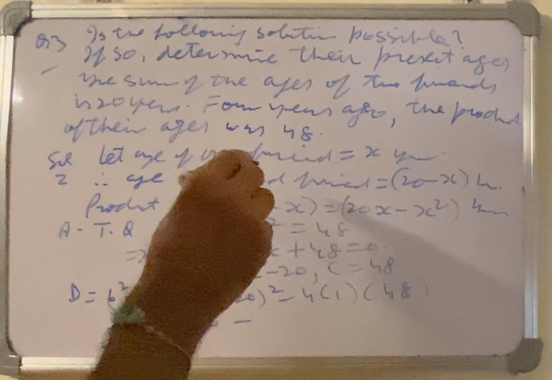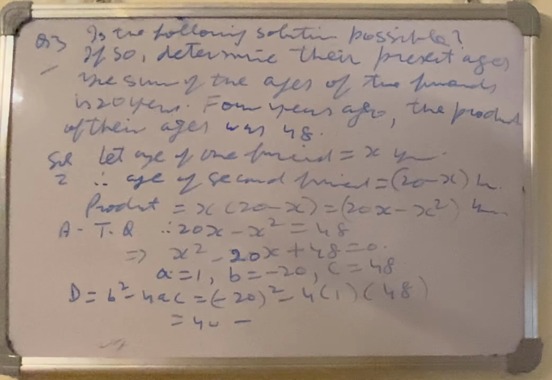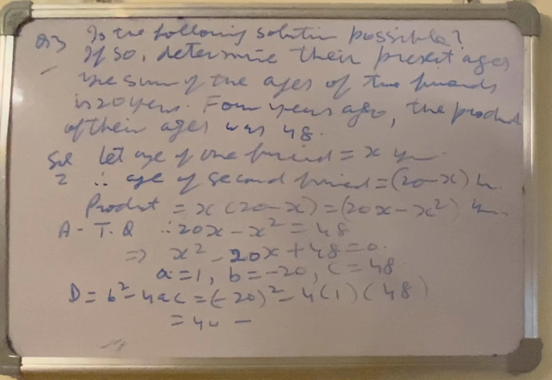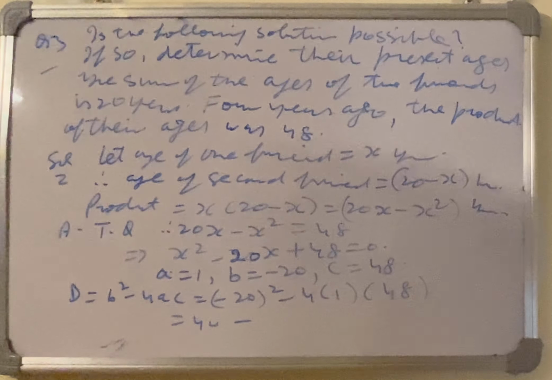Let the age of one friend be x years, and the age of the second friend be 20 minus x.